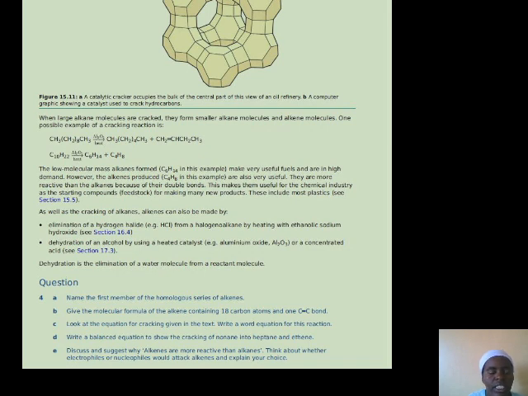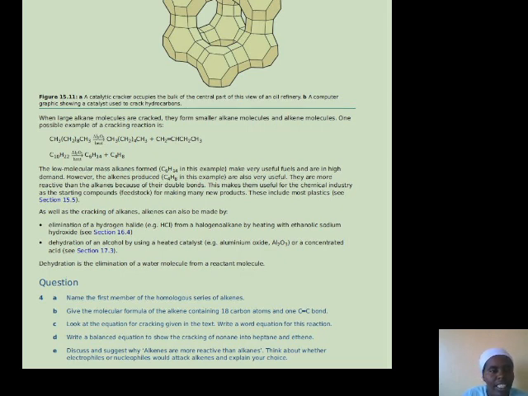The first thing we need to discuss is when a large molecule, for example an alkane, is broken down in a process called cracking, you get a mixture of an alkane and alkenes. So alkenes are formed in this way. For example, a large molecule such as decane, in the presence of aluminium oxide, forms a mixture of an alkane and an alkene.